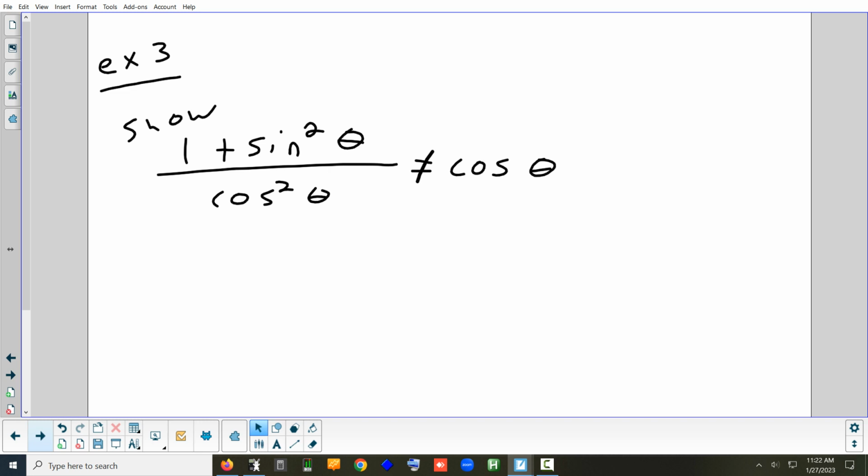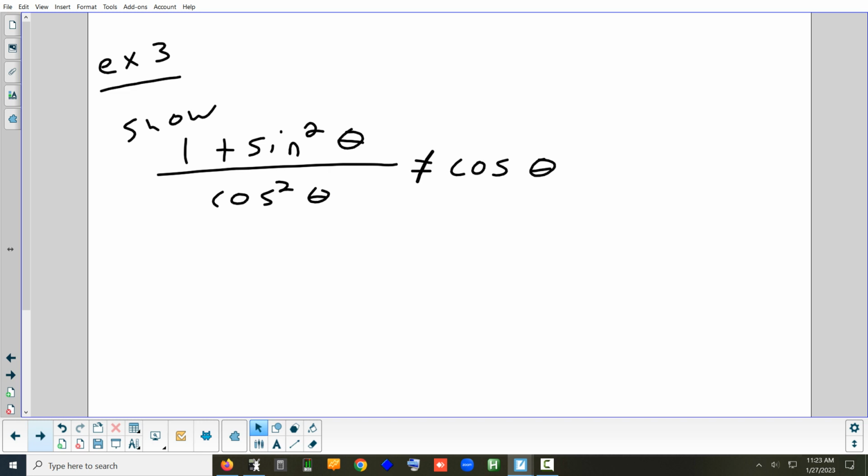Showing something is not equal sometimes can be a lot easier than what we had to do in the first two problems. How could you show that what's on the left does not equal what's on the right? Simplify the left side until it's something that definitely cannot be cosine. Okay, so you could try simplifying the left-hand side until it's very clear that it's not cosine.